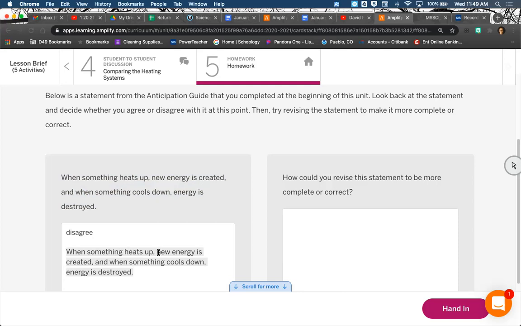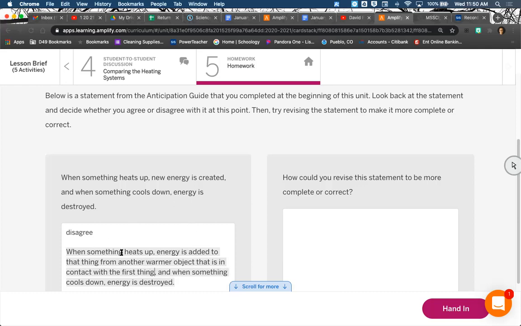When something heats up, energy is added to that thing from another warmer object that is in contact with the first thing. This is like thing one and thing two.